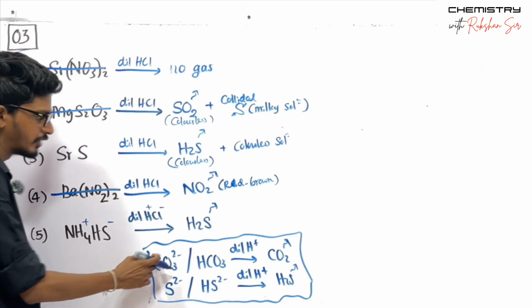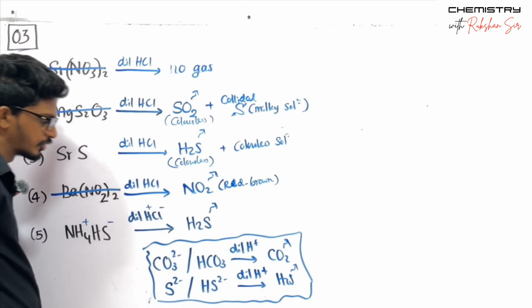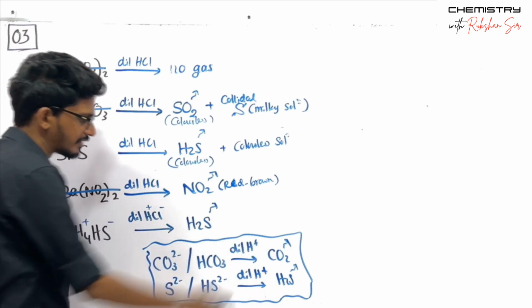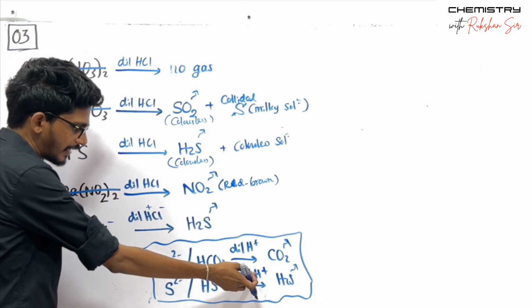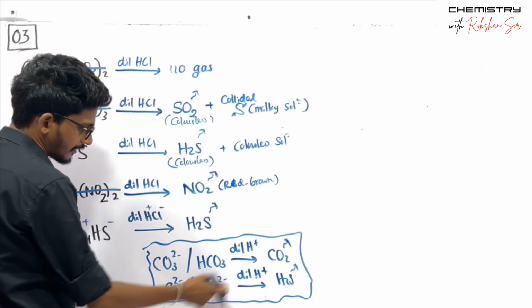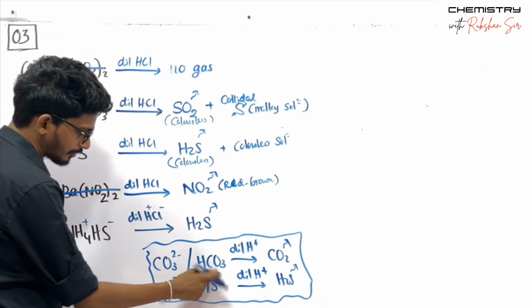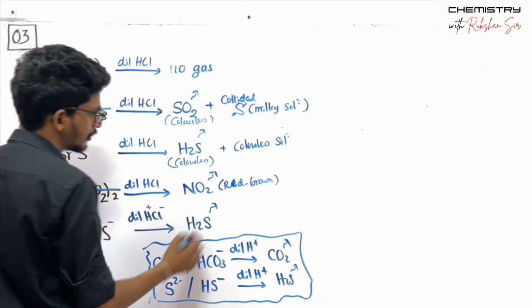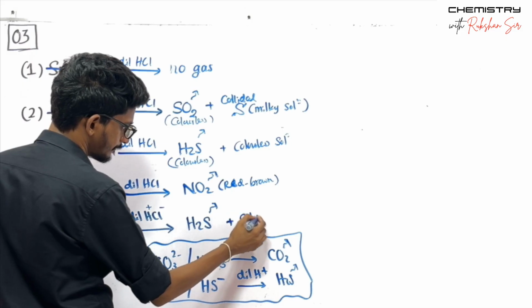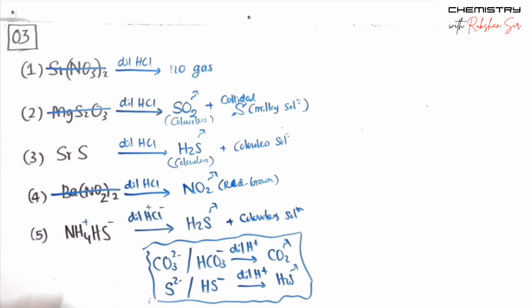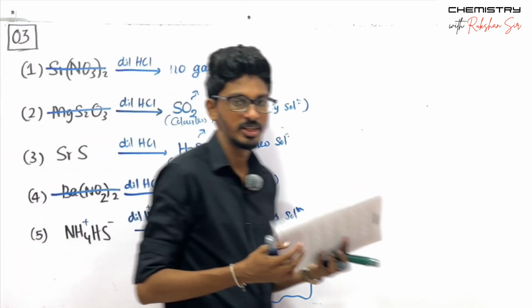Just providing 2 H plus will give you CO2 by forming H2CO3; just 1 H plus is enough for bicarbonate. Likewise 2 H plus release H2S from S2 minus, and 1 H plus is enough from HS minus. So this is a colorless gas, and ammonium chloride is a colorless solution. So we have to leave that. Out of these two, one is going to be the answer.